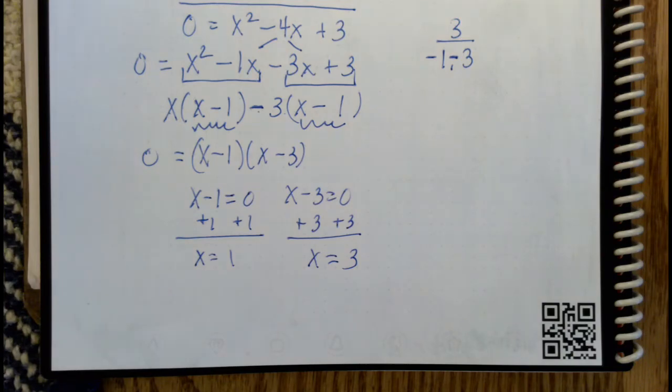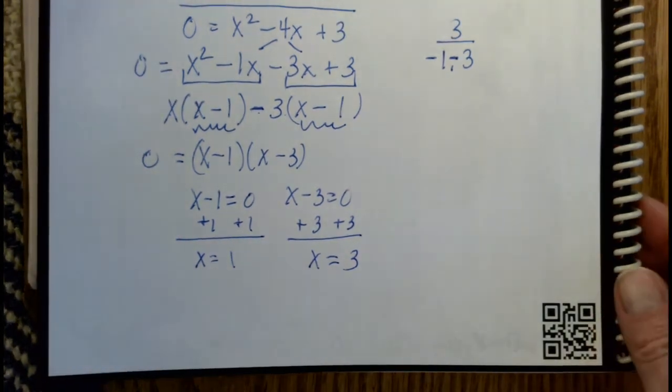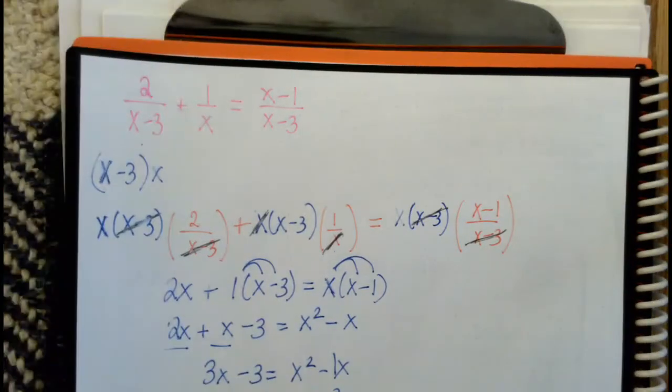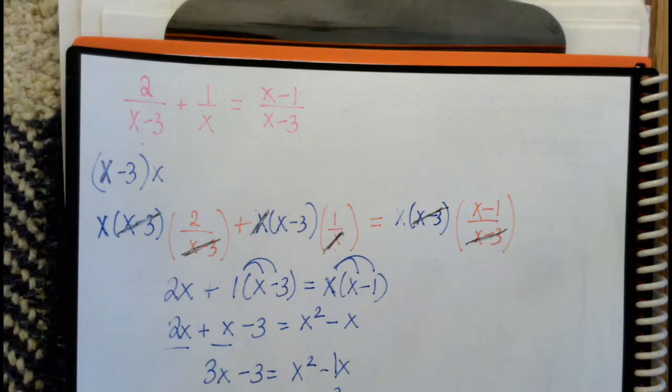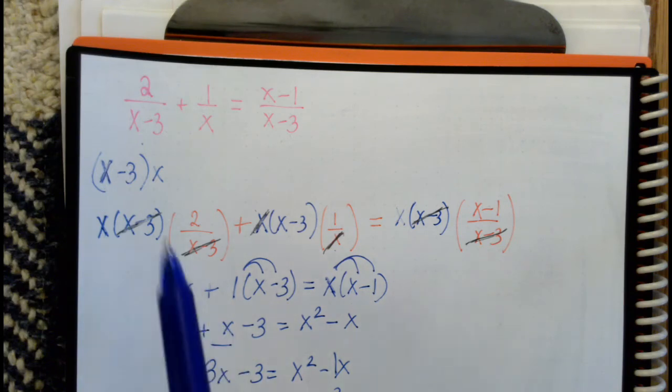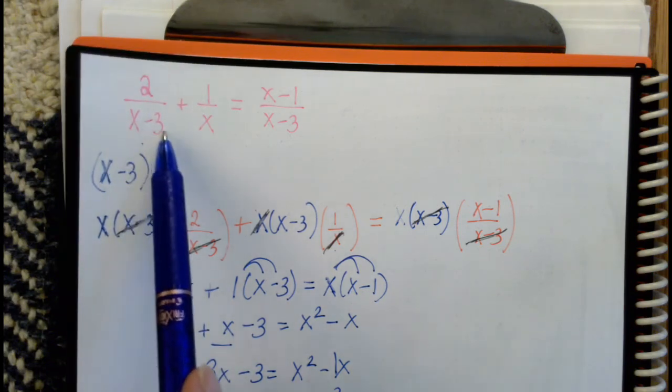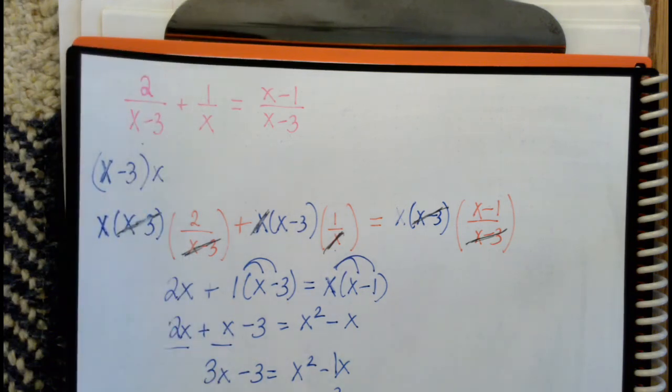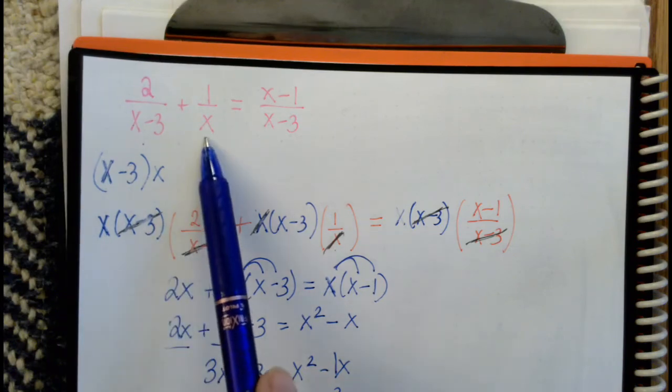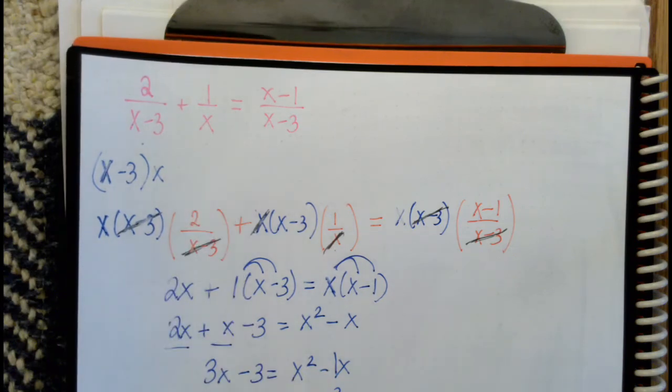What we really need to do is go back into the original equation and decide, will we have an extraneous solution? Your previous lesson was looking to see when the denominator is 0. So if we put 1 back in here, 1 minus 3 is negative 2, not 0. If we put 1 in there, and finally 1 minus 3 is negative 2.